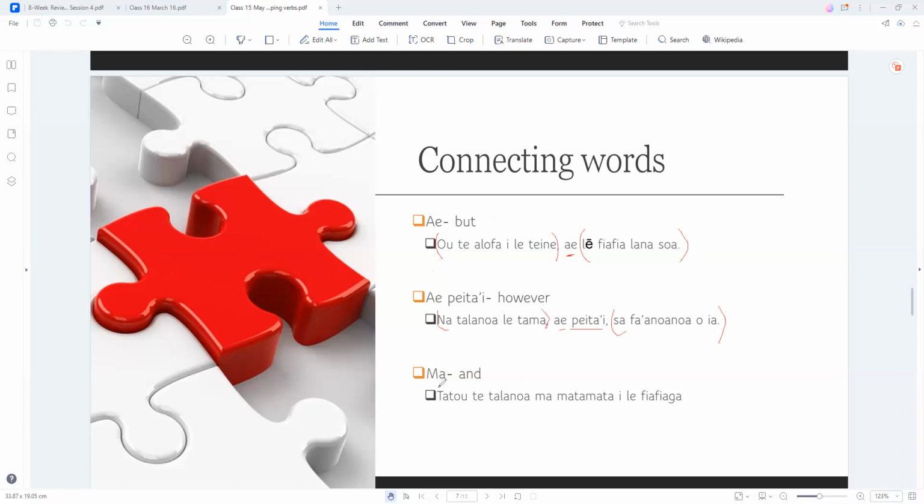I love it. "Ma", and we know this from week one, connecting one thing to another. "Ma" works in the same capacity.